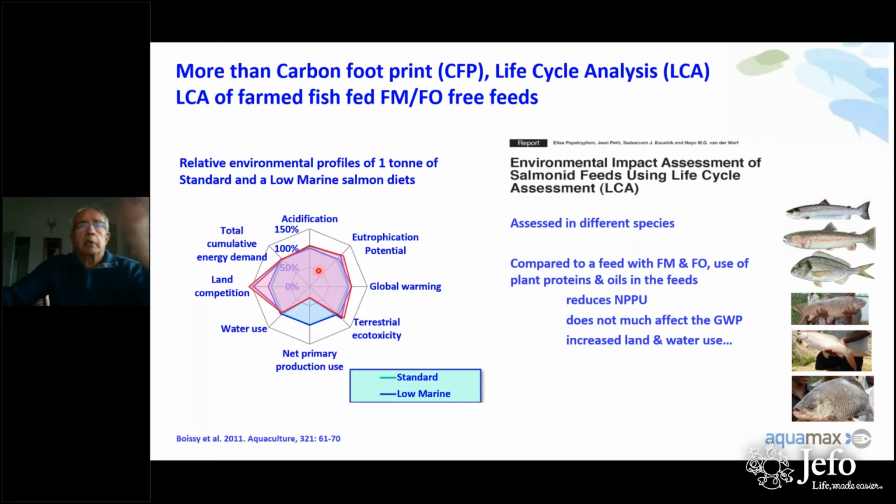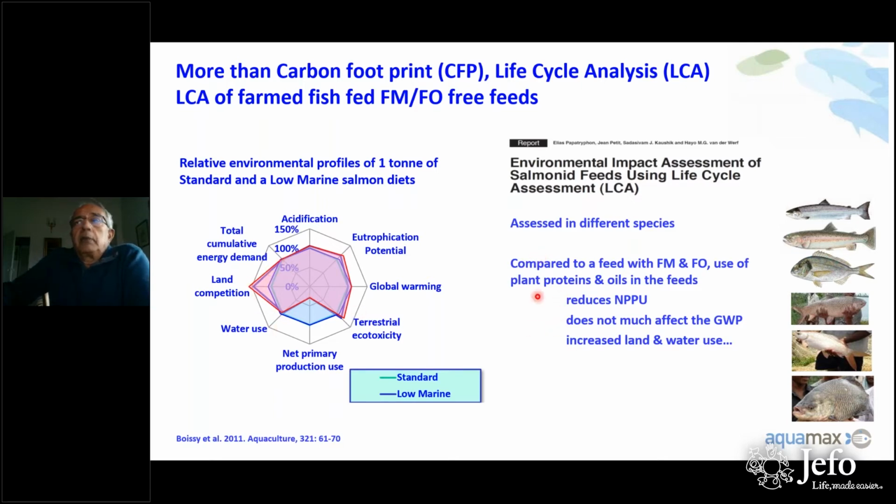And when we compare the standard feed, that means high fish meal, fish oil, to low fish meal, fish oil diet, two things strike us. One is the net primary production use, which is reduced because we are using less and less fish meal and fish oil. That means the use of primary production in the oceans is reduced, whereas there is an increase in land competition.